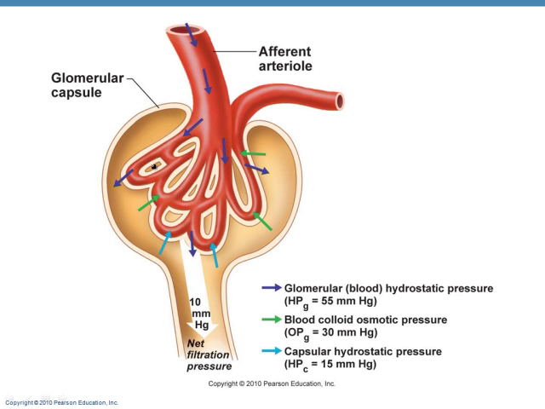So if you look at the net filtration pressure, and I'm not going to make you memorize these numbers because I just want you to understand the principle, we can get a little confused, but the net push out of the capillaries is greater than the push in, so we're going to end up getting a lot more fluid out of the capillary beds than gets pushed in. I know, because you're looking at those going, well, there's arrows going in both directions, but what do you think's greatest?